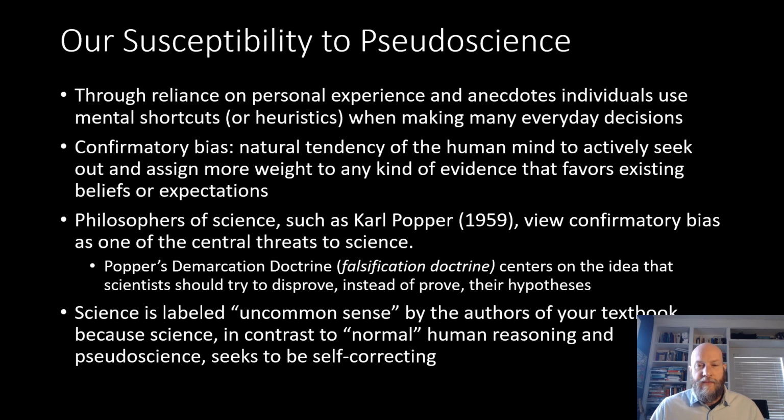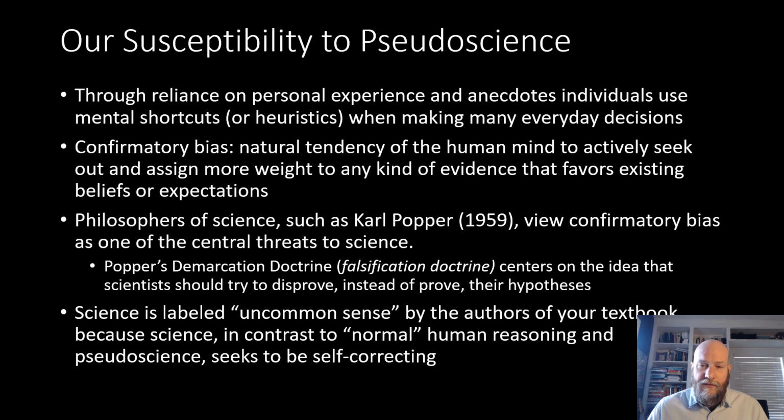So confirmation bias, confirmatory bias, is a central threat to science. It is why we always have to be mindful of ourselves and what we bring to the table in our research. And that includes everything. Our mood, our physical state that day, our culture, whatever it is we're bringing to the table, our experiences, we have to be aware of how that influences us and introduces subjectivity rather than objectivity into our scientific endeavors.